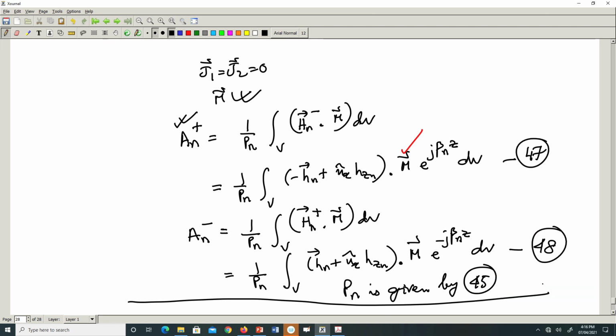So, they can be exactly derived, as I said, following similar steps as for the electric current source. This concludes the section on the application of the reciprocity theorem to compute the forward and the backward moving waves inside the waveguide.